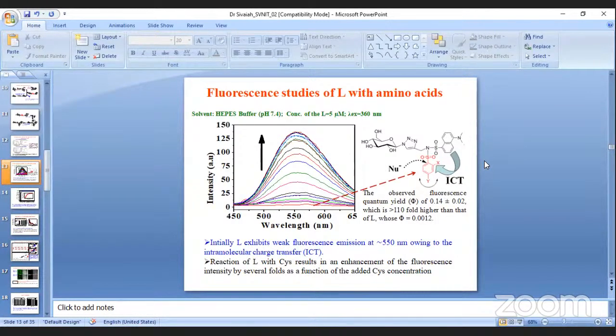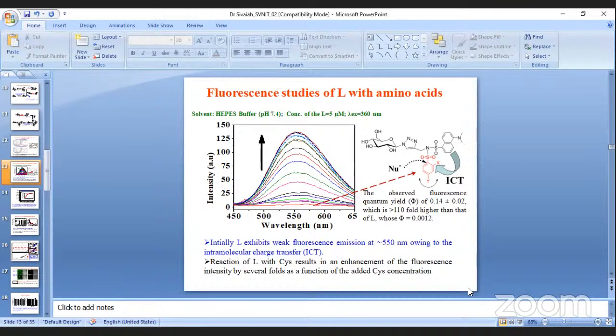As I said, the molecule initially exhibits very weak emission at 550 nanometer, as you can see in the fluorescence emission spectra, because of intramolecular charge transfer. Once you add cysteine, the amino acid results in enhancement.